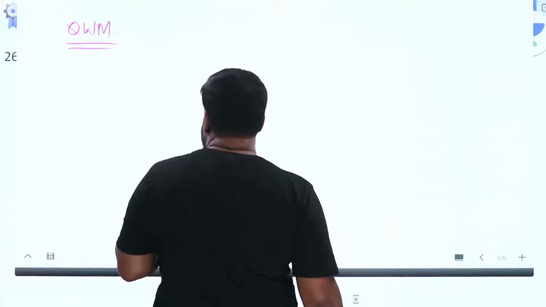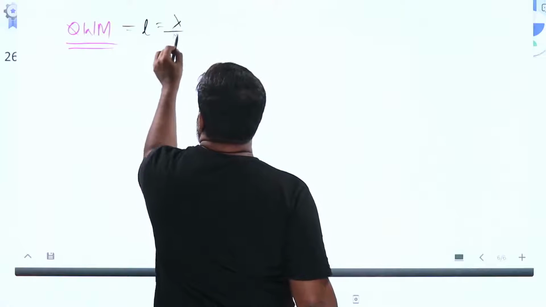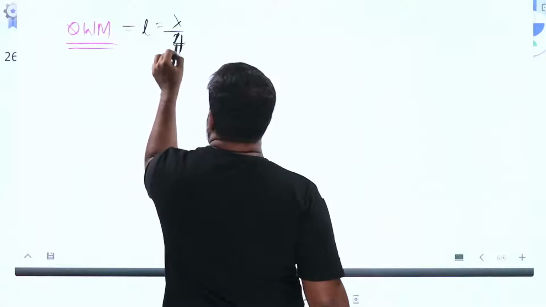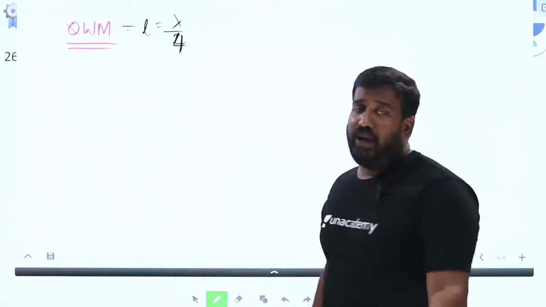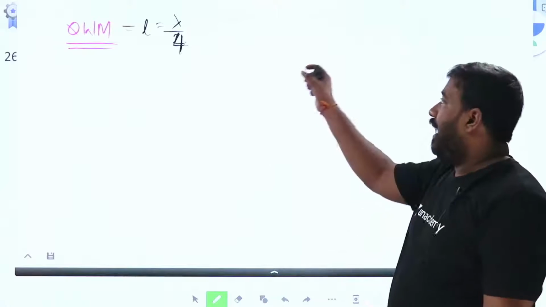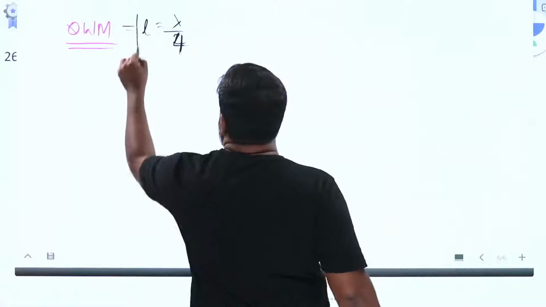Quarter wave means the length is quarter wavelength, lambda by 4. It's a lambda by 4 antenna.